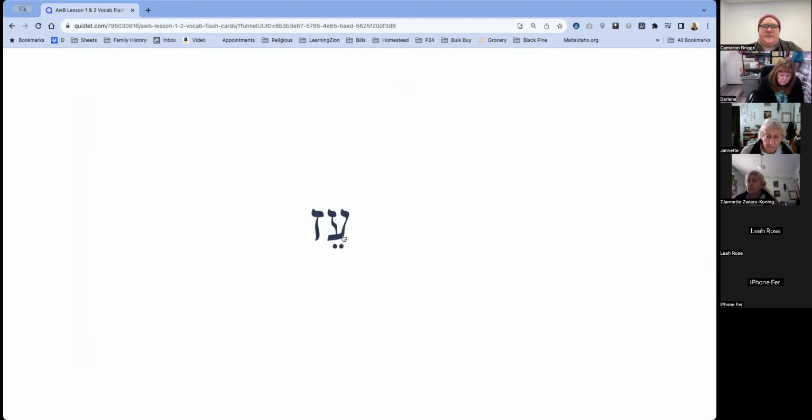Let's do this one. This word is ez. So is it going to be an exception, or is it just going to follow the regular rule? Follow the regular. Yep. So how do we put a conjunction in front of it?